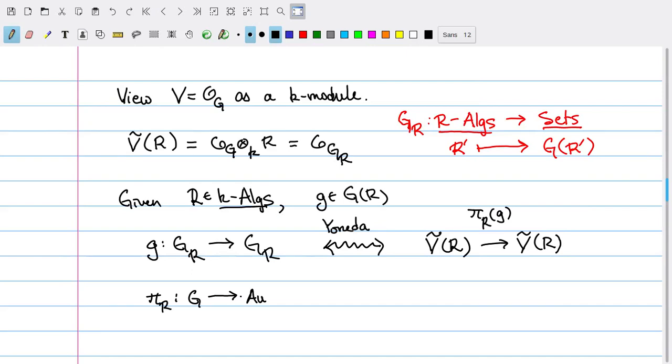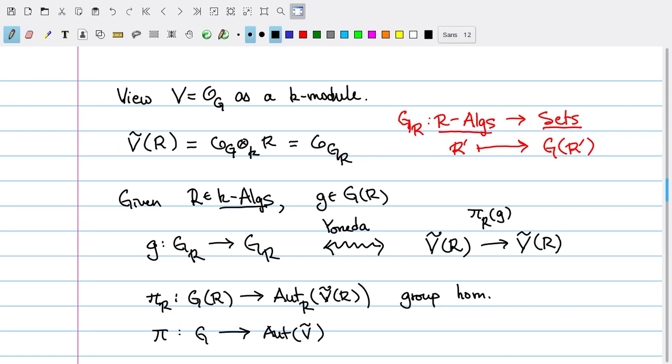from G of R to the automorphisms over R of V twiddle R, which is, as we know, OG tensored over K with R, or the coordinate ring of G extended to R. Furthermore, nothing's more natural than Yoneda, so pi is going to define a natural transformation from G into Aut of V twiddle.